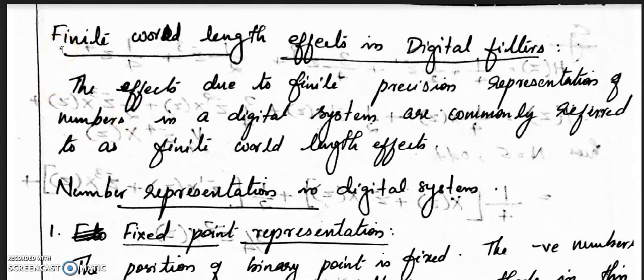As all of you know, in a digital filter, the data is stored in digital form, that is, in binary. So we have the analog data, and we have to convert it into digital: analog to discrete time, then discrete time to digital.